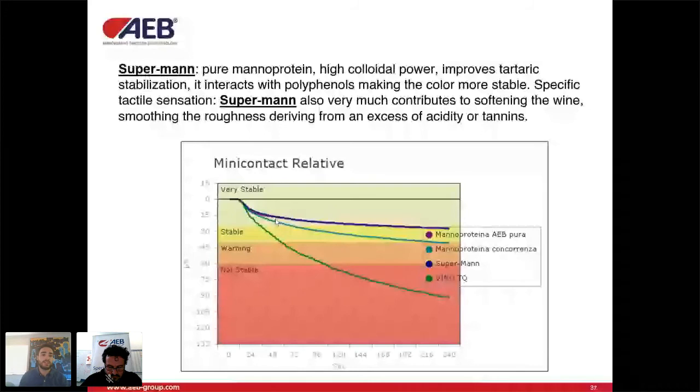Aside from improving the tartaric stabilization, here you can see in the graph how the addition of Superman makes the wine stable, but also can help you smooth the roughness that can derive from excessive tannins and excessive acidity in your wine.